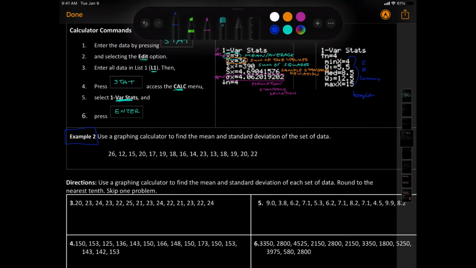All right, so we did that, and our x bar doesn't tell us where to round, but I'll round to the nearest tenth. This is my mean. And then we said that the population standard deviation was 3.7.